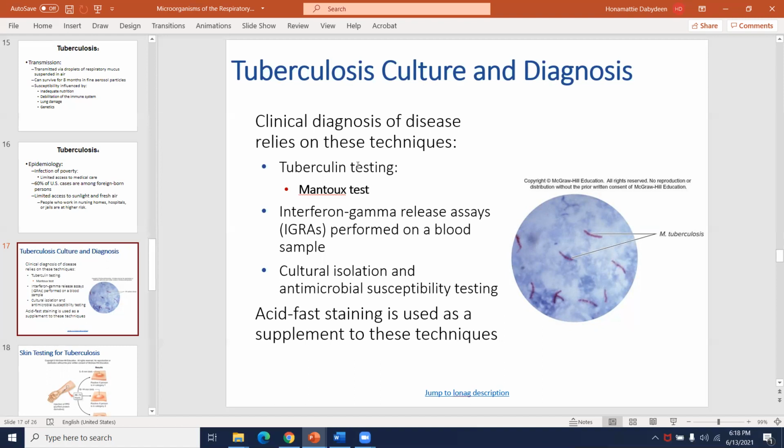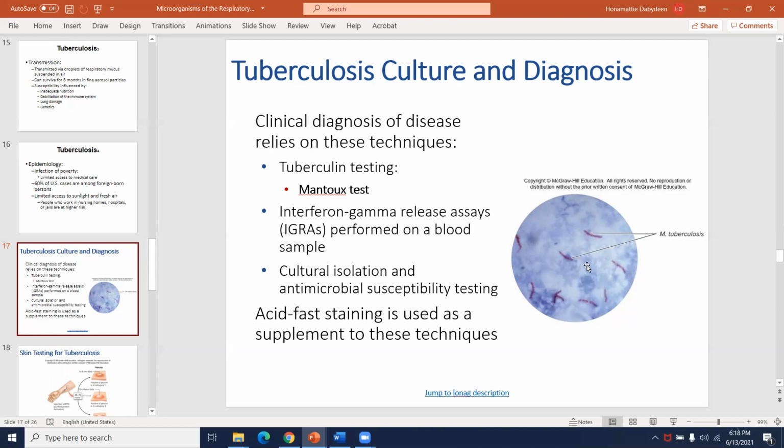Lowenstein and Jensen came out with something that you could have there for years and it will not really dry up. So organisms will have their time to grow on it. When we do a stain, here is an acid-fast stain. Remember, they're acid-fast positive rods, the red rods that you're seeing there. So that's another part of the identification, the clinical diagnosis process, culture and identification.